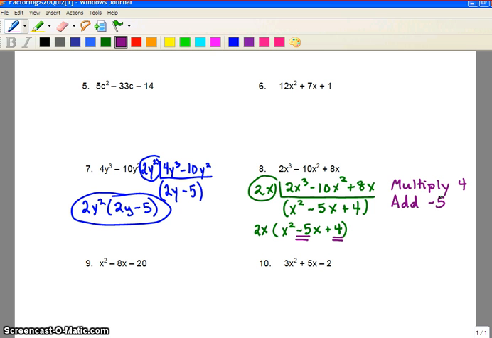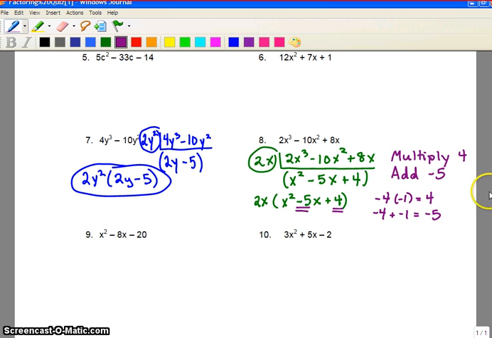And the answer there is a negative 4 times a negative 1, because a negative 4 times a negative 1 is going to give me positive 4, and a negative 4 plus a negative 1 is going to give me a negative 5. So I write this as two binomials. X minus 4 times an x minus 1.